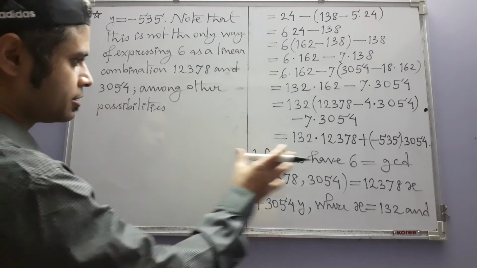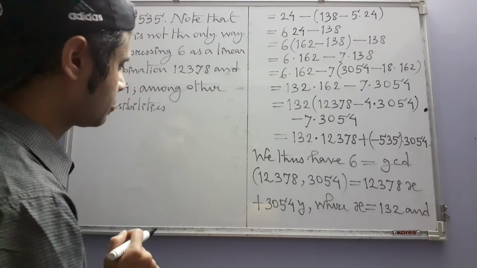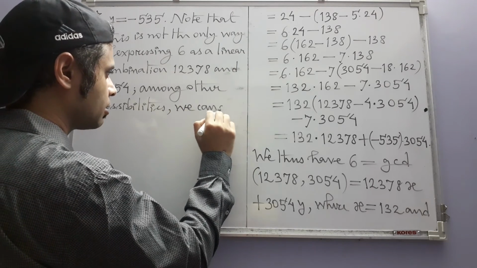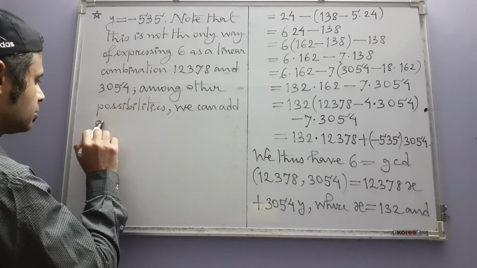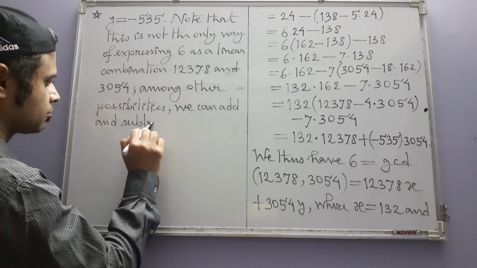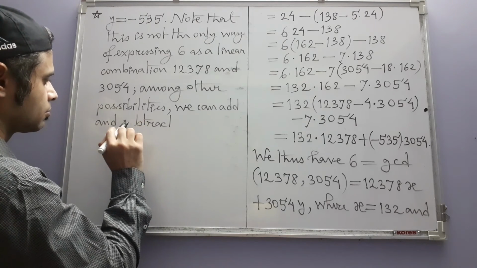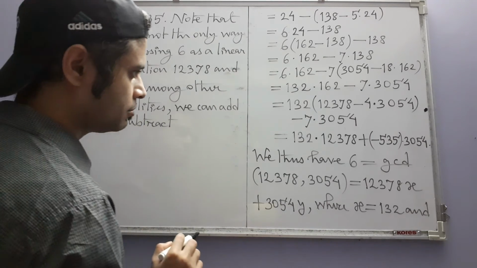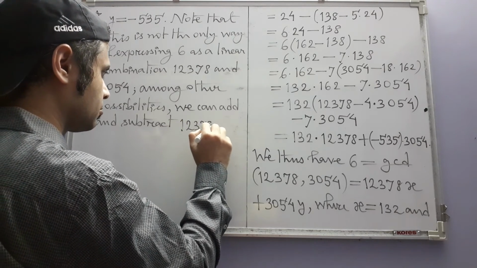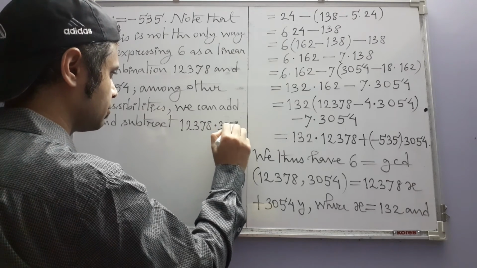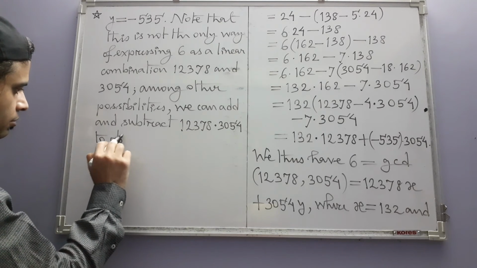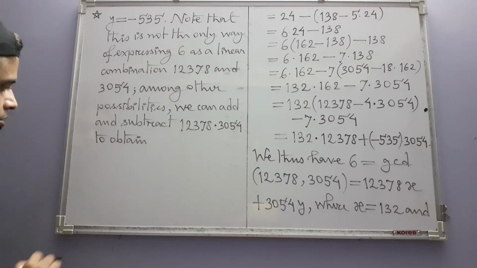just to show that this linear combination is not unique, we can do this. We can add and subtract 12,378 times 3054.